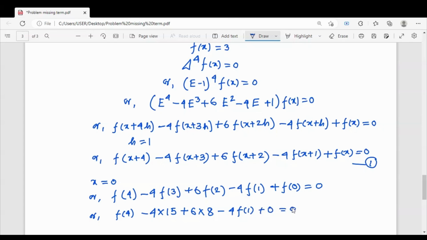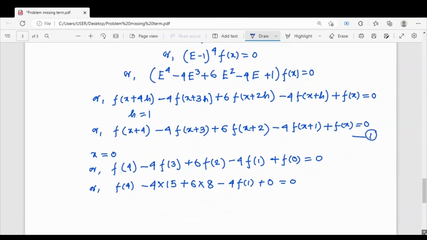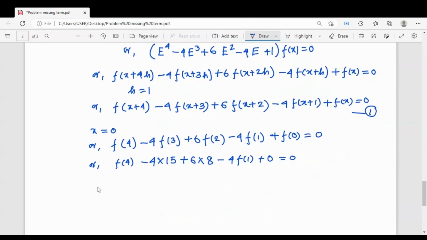So this value equal to 0. Now if we simplify, we get this equation as f(4) minus 4 f(1) equal to 12. Consider this is our equation number 2.